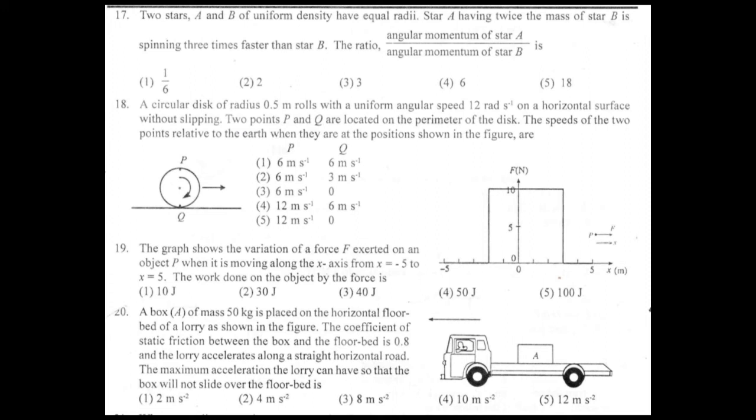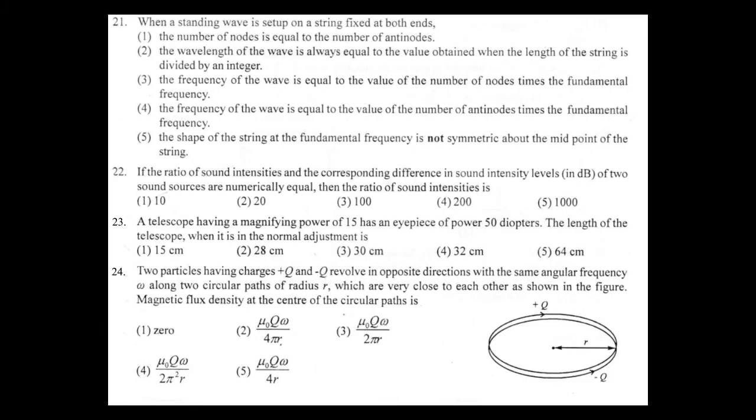That implies that this force due to acceleration is balanced by a frictional force. So frictional force can be found by mu R. By equating ma with mu R, you can find the answer for a. It is 8 meters per square second. The answer is 3.